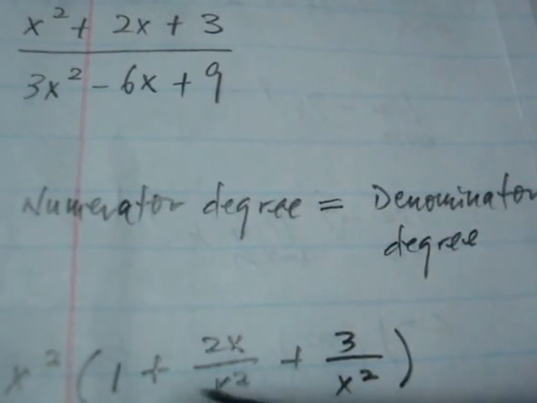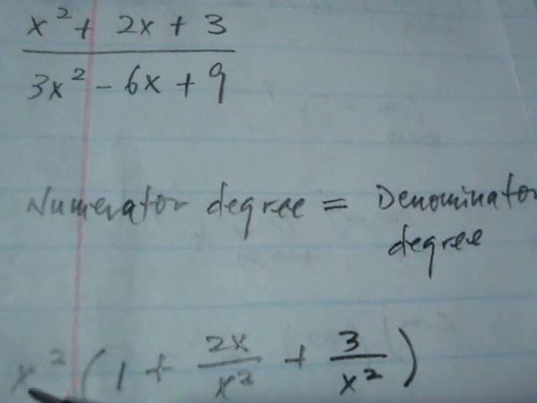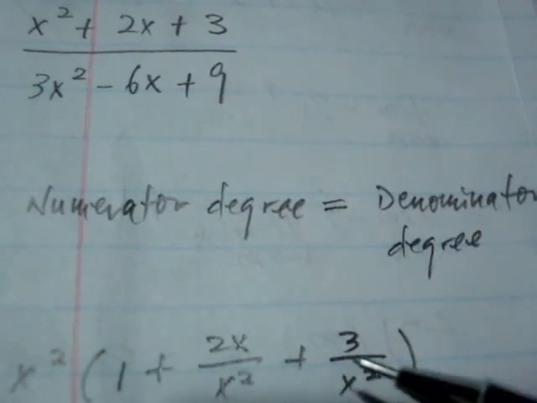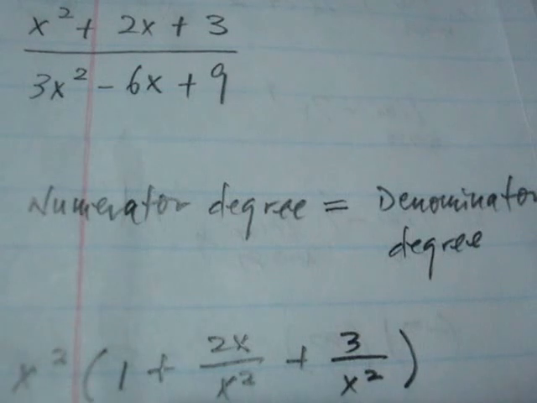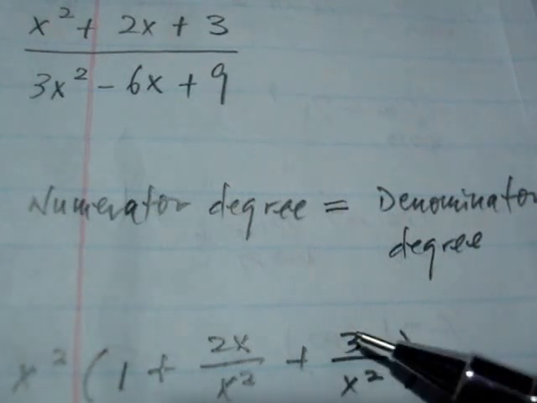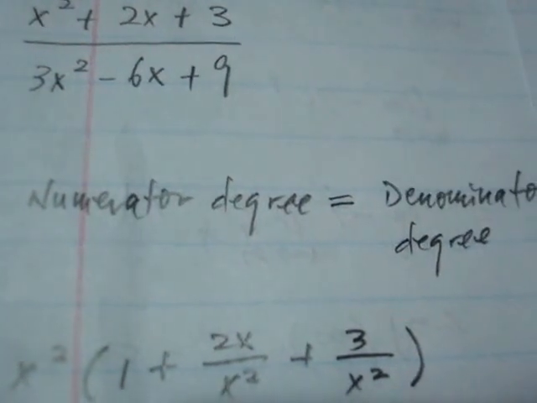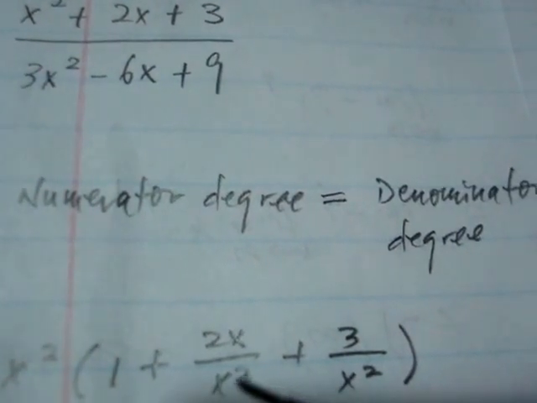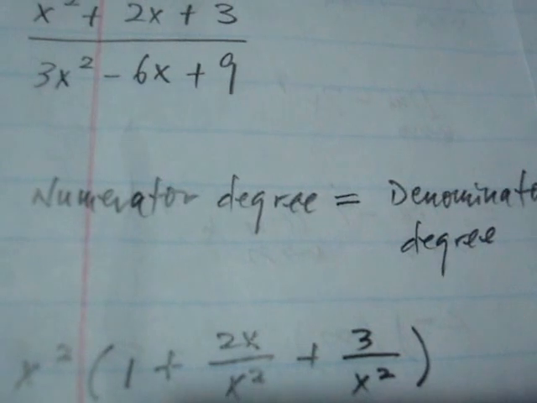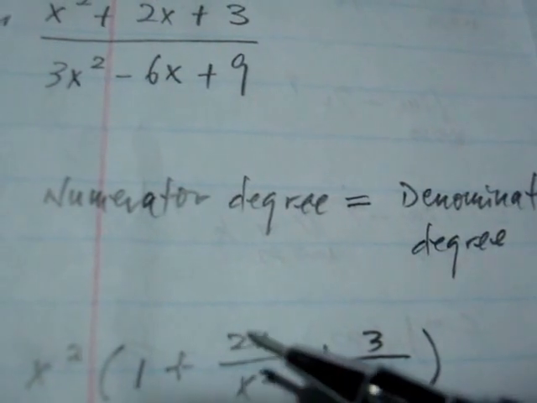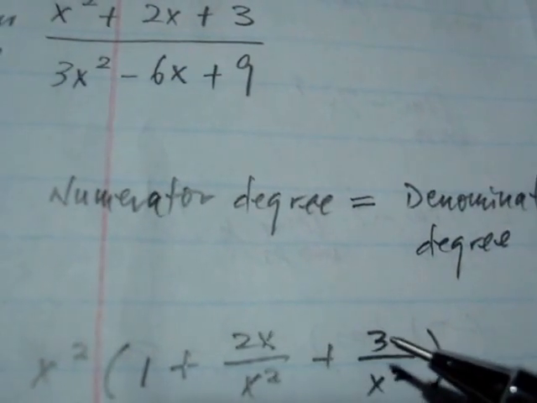Because x squared can cancel with the factor term of x squared. Once you cancel this one with this one, you're left with the 3, which is the same thing as the given. So that's the reason why you divide it by the term for 2x and 3.